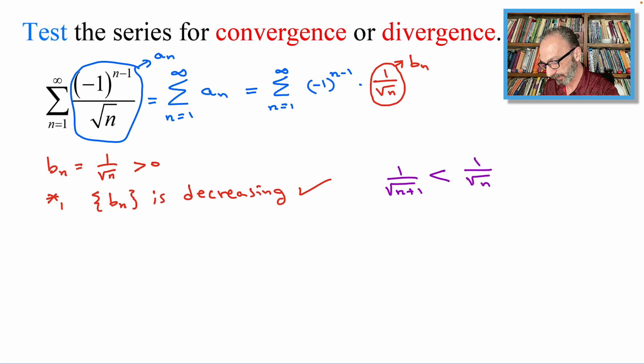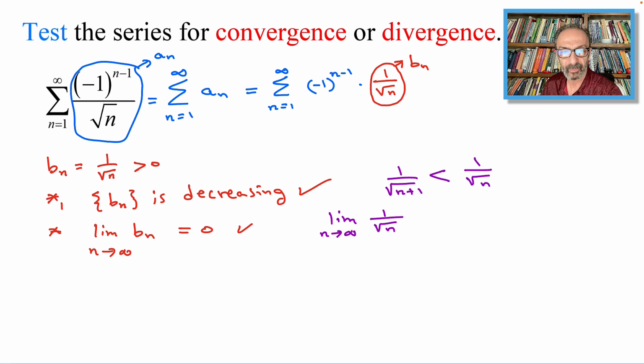Next, we need to talk about the limit of b sub n as n approaches infinity, which is clearly equal to 0, because for 1 over square root of n, as n approaches infinity, the denominator goes to infinity, so the fraction goes to 0 as a limit. So the conditions are valid.